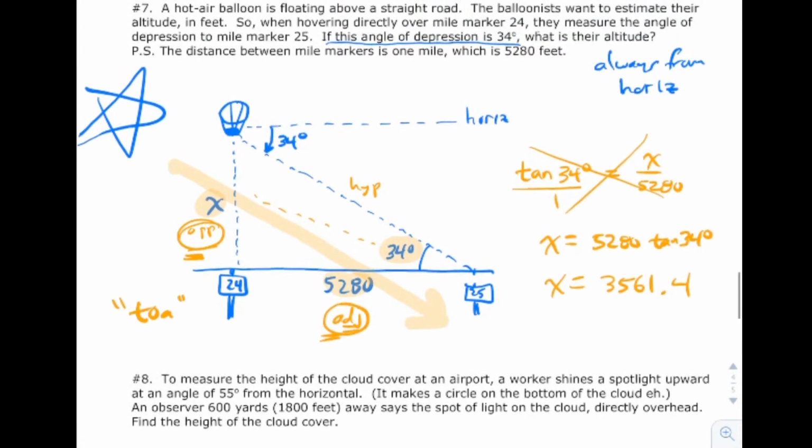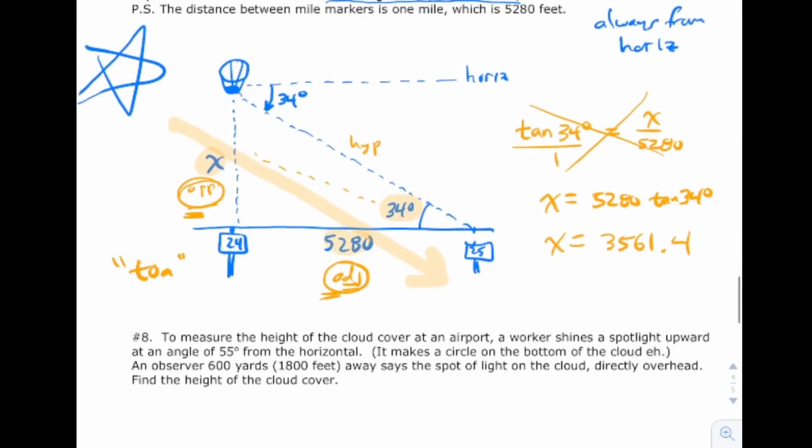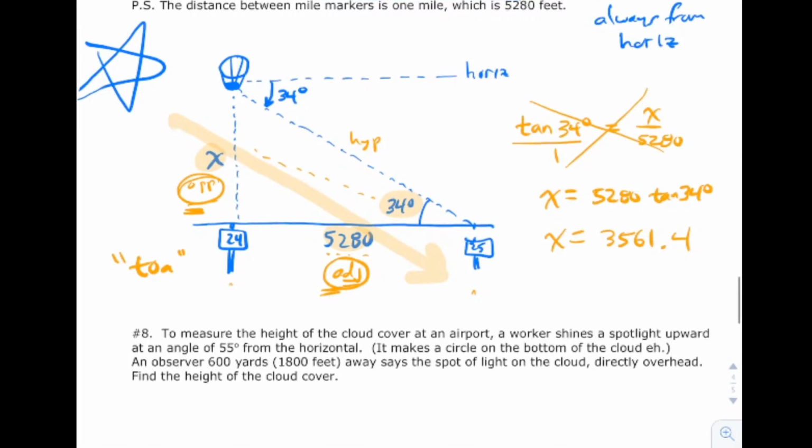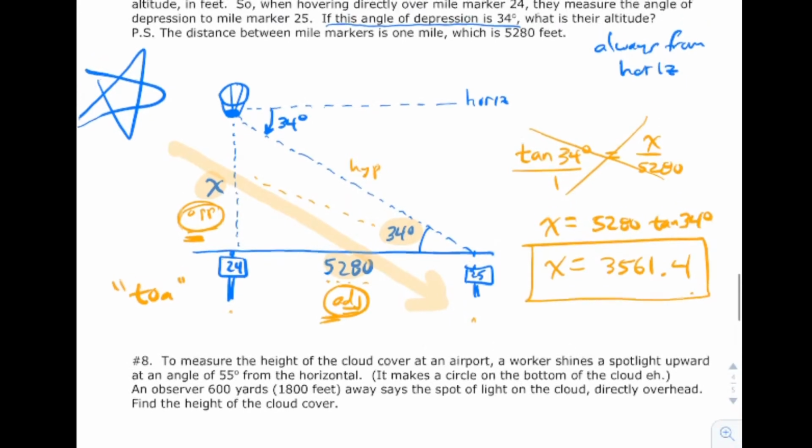Does it say to round? It doesn't say to round. I guess that's 4 sig figs. 5280 feet is an exact conversion. This is supposed to be exactly a mile. We could use 4 sig figs, or maybe even an extra sig fig just for fun. It's about 3561.4 feet.